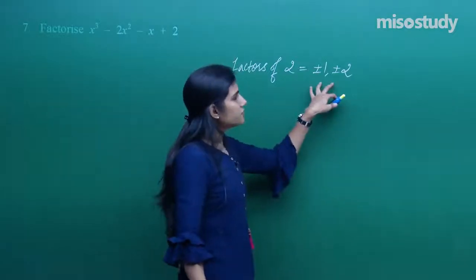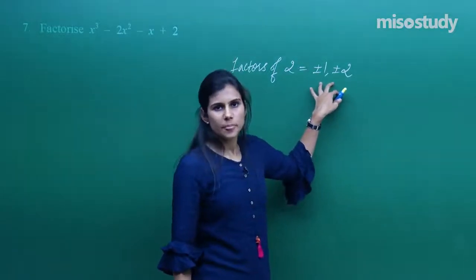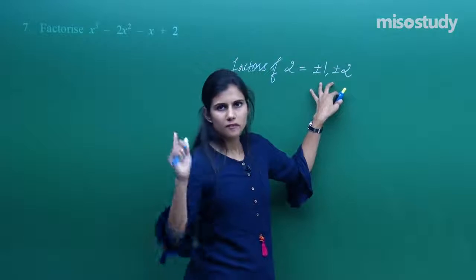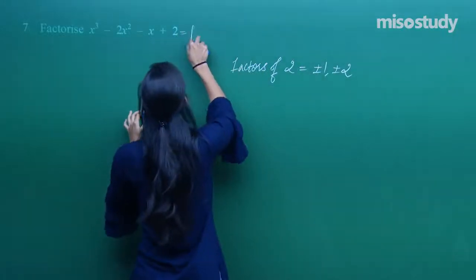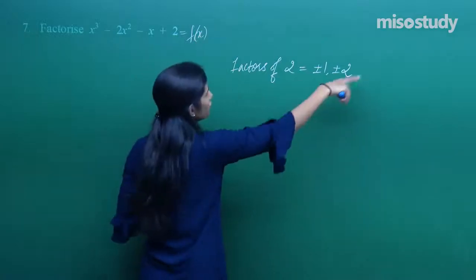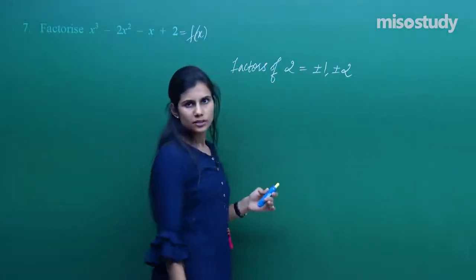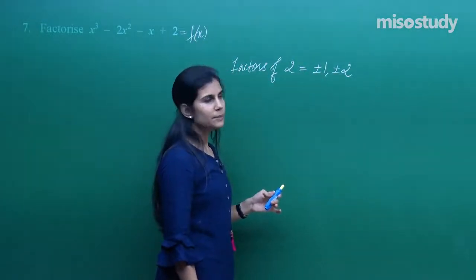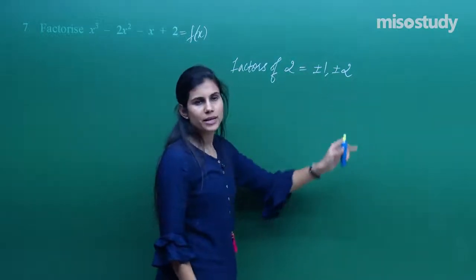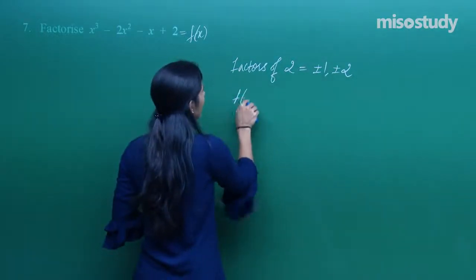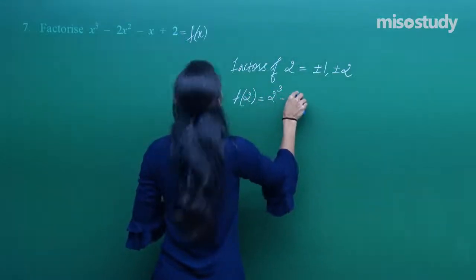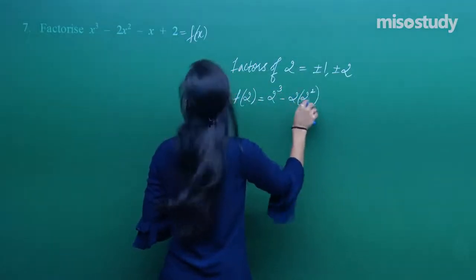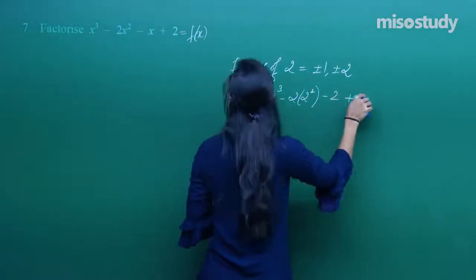I will be checking which of these is an integral 0 of this polynomial. Let's say this is f(x). Out of these 4 values, which are factors of my constant term, plus 1, minus 1, plus 2 and minus 2, let me pick up 2. I get f(2). f(2) will be 2 cube minus 2 into 2 square minus 2 plus 2.